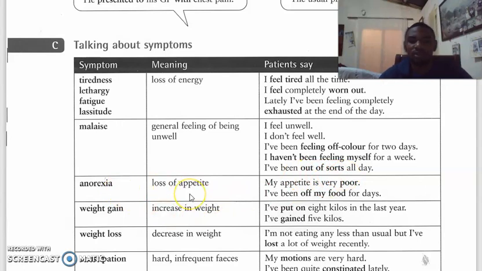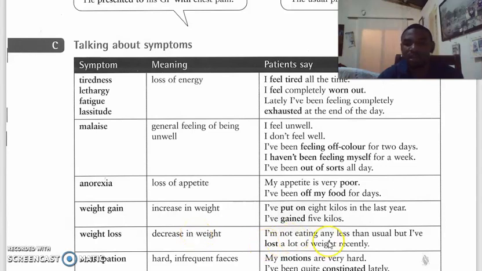Anorexia, loss of appetite. My appetite is very poor. I've been off my food for days. Weight gain, increase in weight. I've put on 8 kilos in the last year. I've gained 5 kilos. Weight loss, decrease in weight.